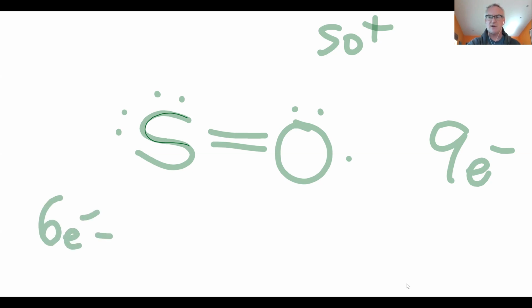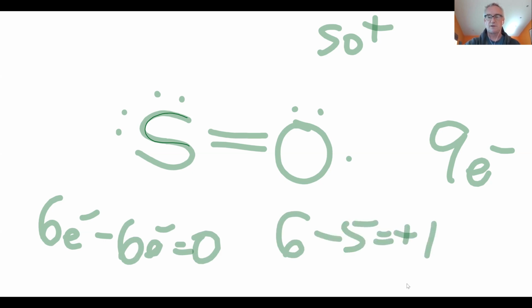And how many valence electrons does it have in this particular model? Six. So that sulfur is not charged. What about the oxygen? How many valence electrons does the oxygen have? Five. So it should have 6, but it only has 5. So there's a plus charge there.